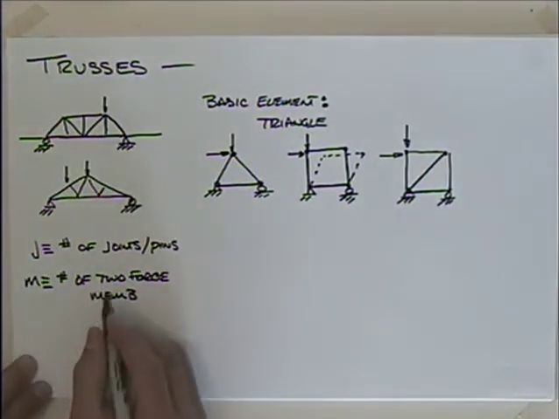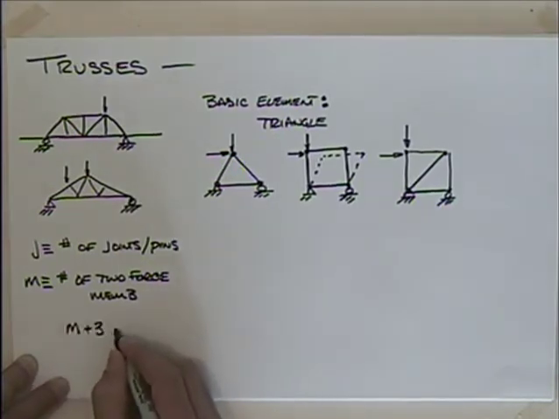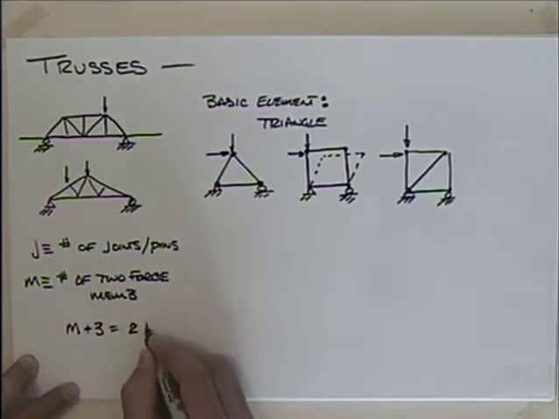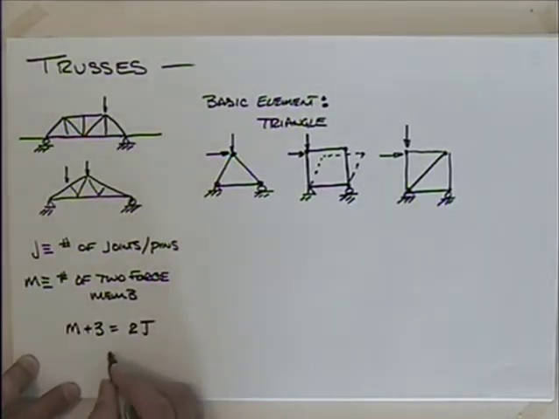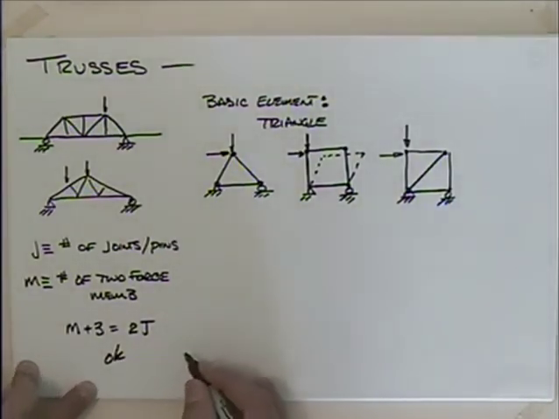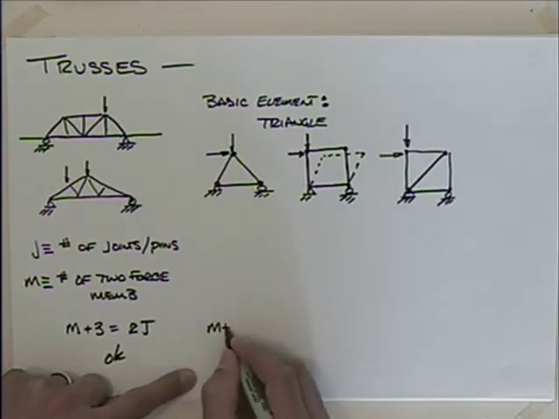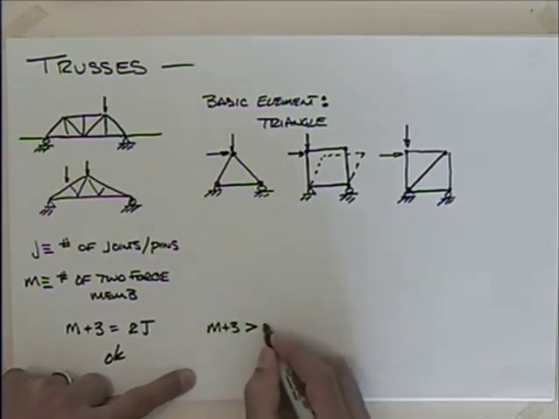With these two numbers, we can talk about the relationship of M plus 3, and if that's equal to 2J, if this equality is true, it's okay. It's a good truss. It's stable, and you can work it out. What happens if you have M plus 3 greater than 2J?